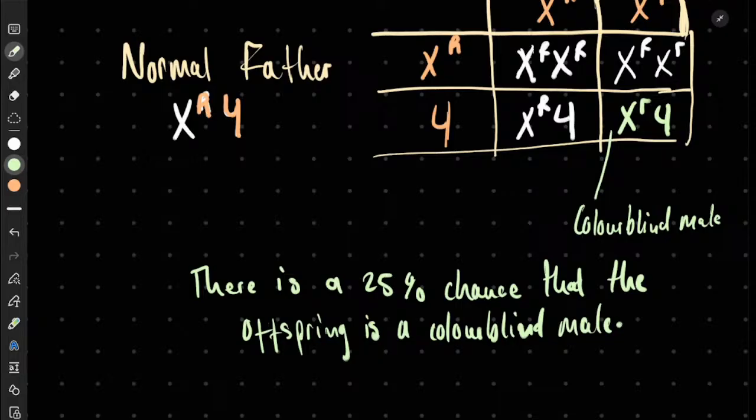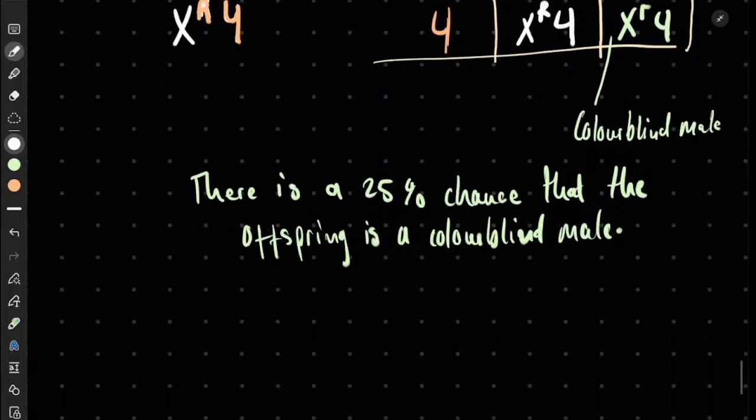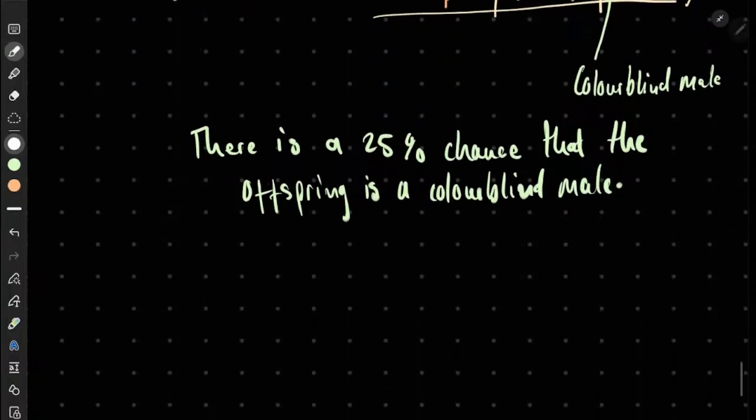So you can say whenever you have 4 kids, you expect one of them to be colorblind. They'll be colorblind, yes. They'll have this red-green color blindness.